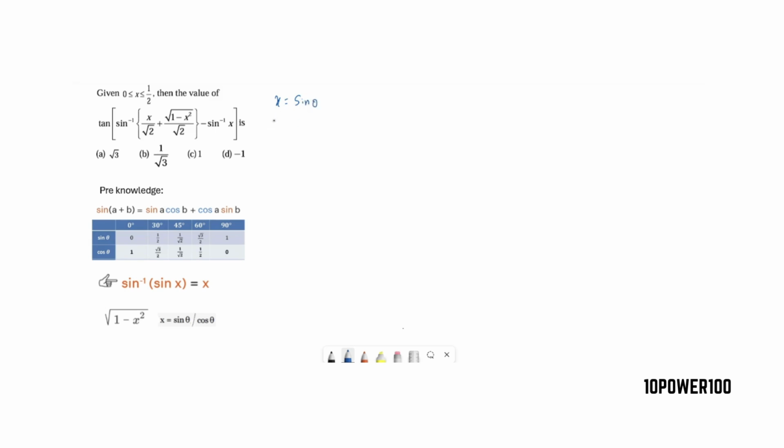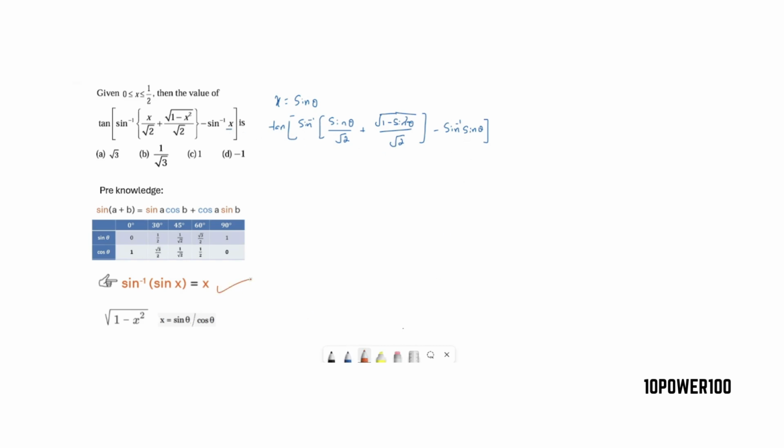So the problem becomes tan of sine inverse of, in place of x, I'll take sine theta whole divided by root 2 plus root of 1 minus sine square theta, divided by root 2, I'll close the bracket, minus sine inverse of sine theta. So don't forget to substitute in place of x. See here, next sine inverse we have x, so that's the reason I substituted sine theta.